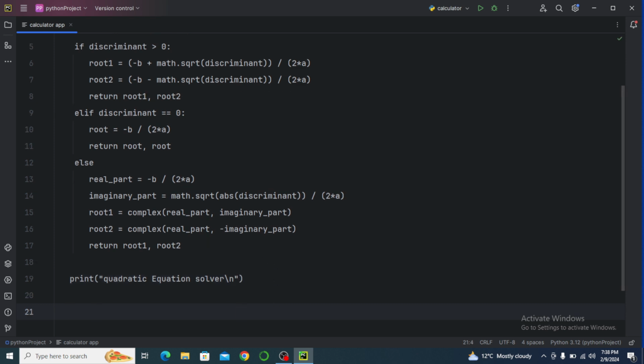So you're going to say A is equal to float input, then enter the first value, enter the coefficient of x squared.